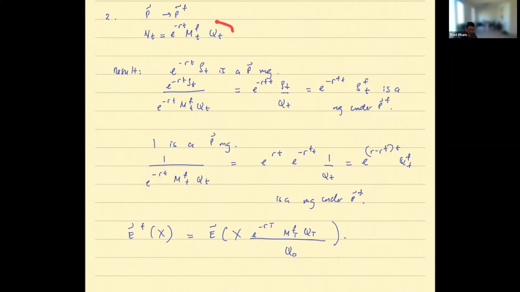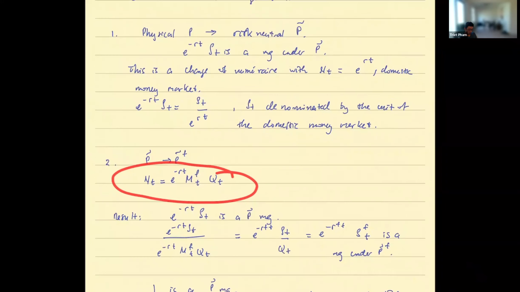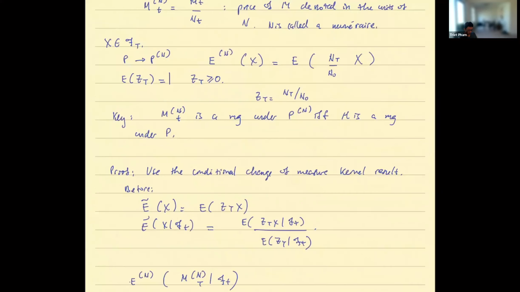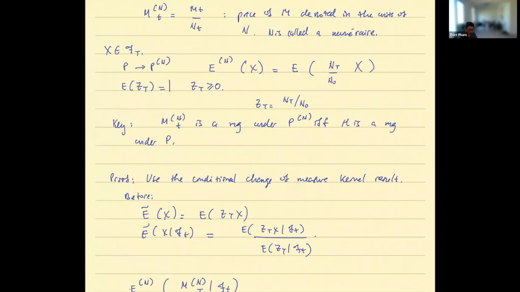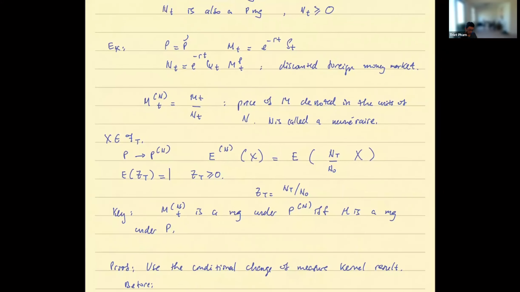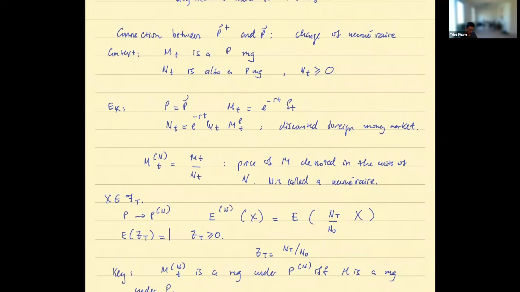So the most important thing is to identify what your numeraire is. And the catch is, it's got to be a martingale. It depends on how you want to do it. In some contexts, you can define the numeraire so that you could do something like this.